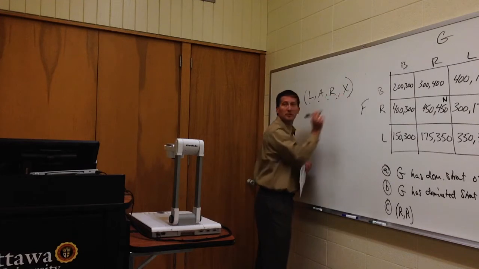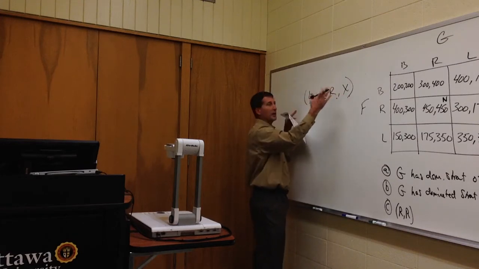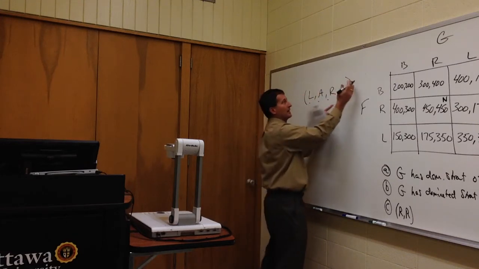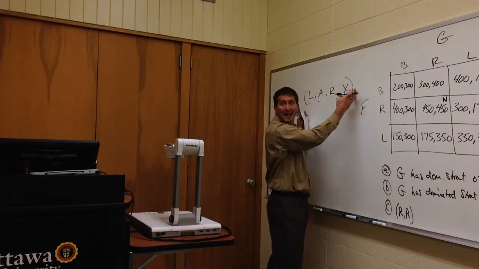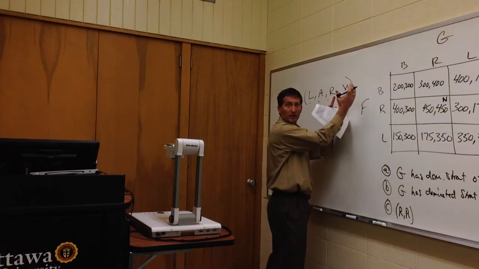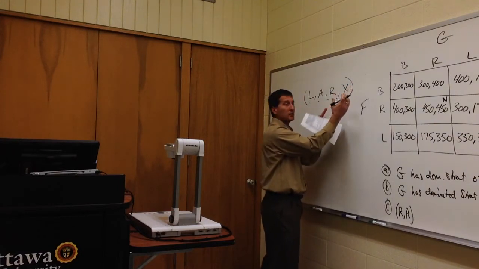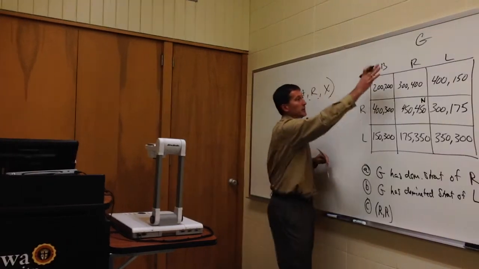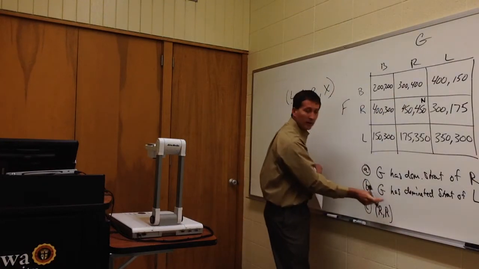And so we don't put the payoffs. At the end of the day, that strategy set might give you $150, but we don't put the payoff as the strategy. So the Nash equilibrium strategy here is RR.